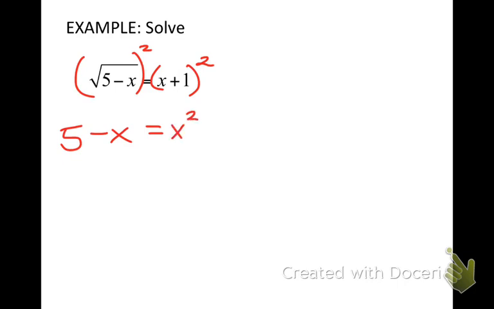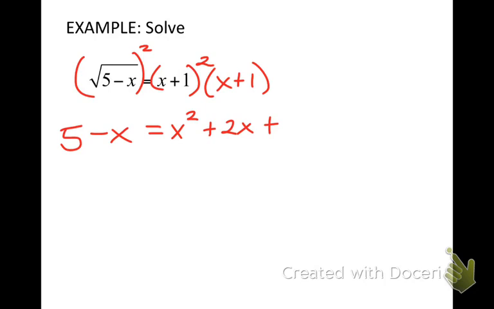To get the middle term, multiply all of your terms: 2 times 1 times x gives me 2x. Then squaring the 1 gets me 1, which is what you would have gotten if you FOILed x plus 1 times x plus 1. See how that works? It makes it a little bit easier.